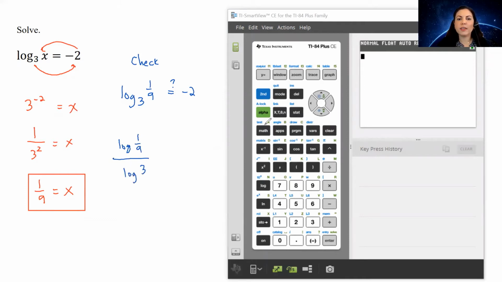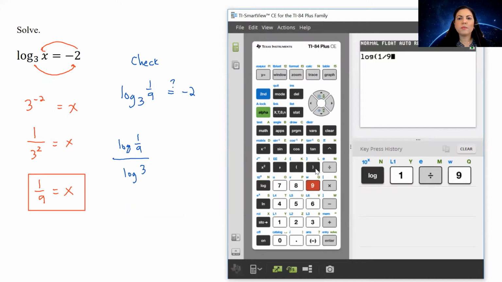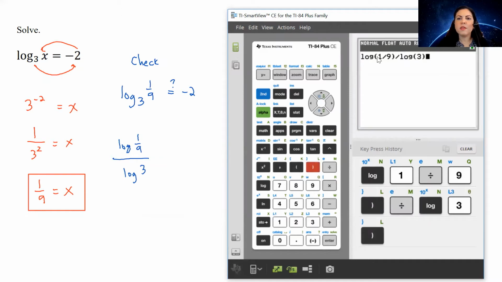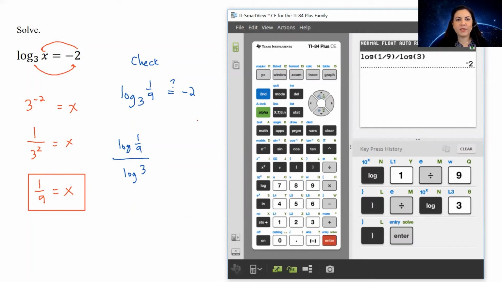So let me try that. If I do log of 1 over 9 divided by log of 3. Notice I'm closing each of those parentheses there. That does equal -2. So therefore, we have confirmed that this is our solution.